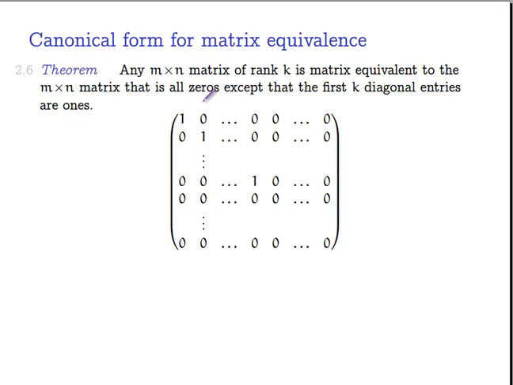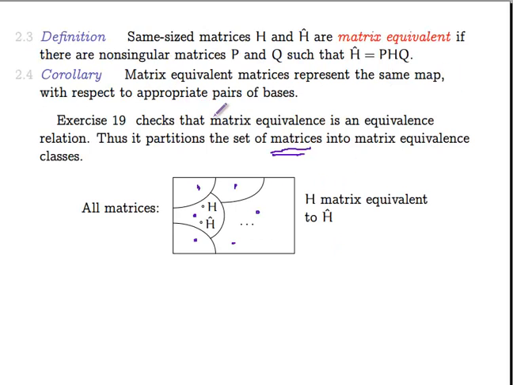Okay, so we can use this equivalence operation: multiply a matrix on the left by a non-singular matrix and on the right by a non-singular matrix. Now remember, a non-singular matrix must be square, so this P is square and this Q is square, although the H is not square. Let me just briefly show how that works.